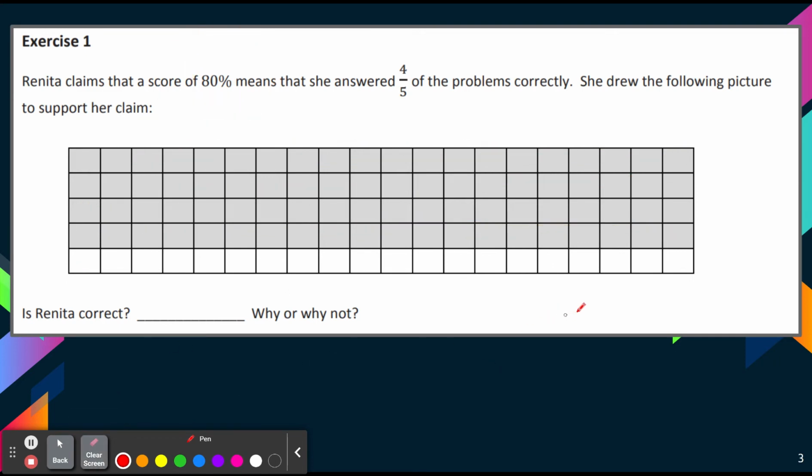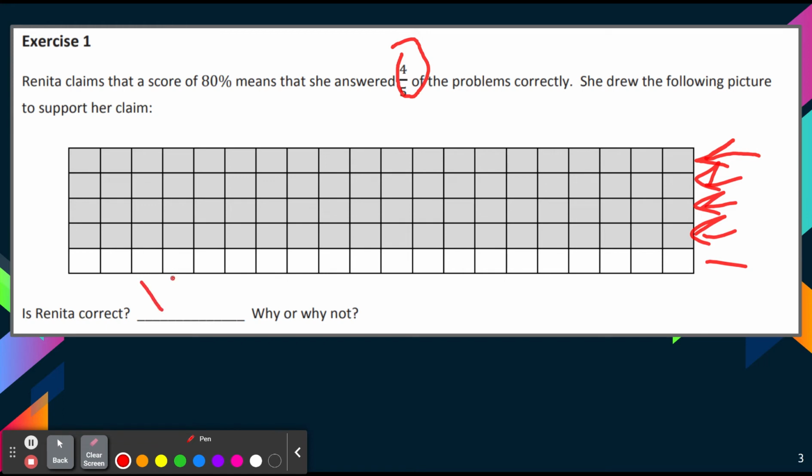Now I'm trying to decide if that is the same thing as saying 4/5. If I look at how this was broken up, I have 5 full rows, correct? And 4 of them are shaded. So that means 4/5 are shaded, that she got them correct.